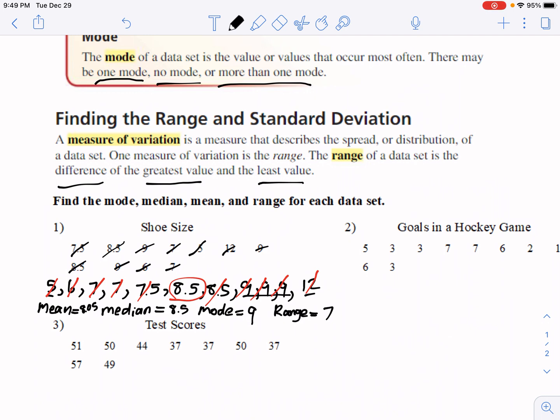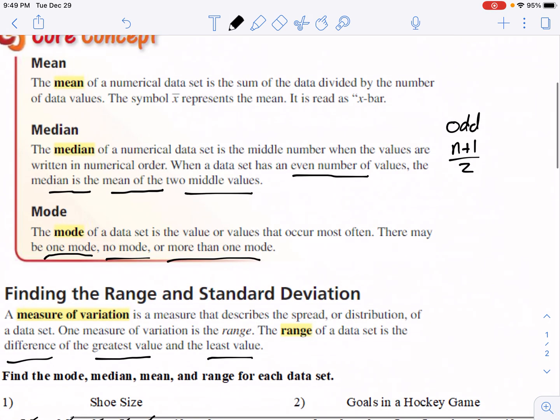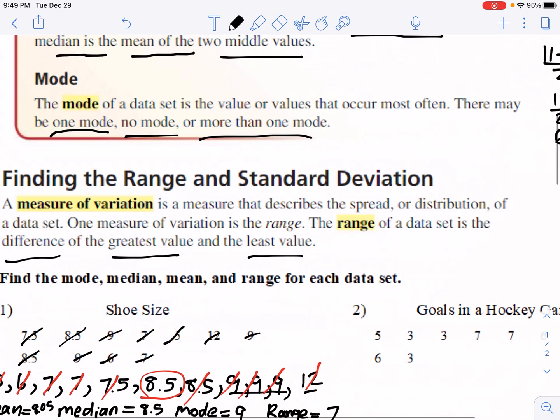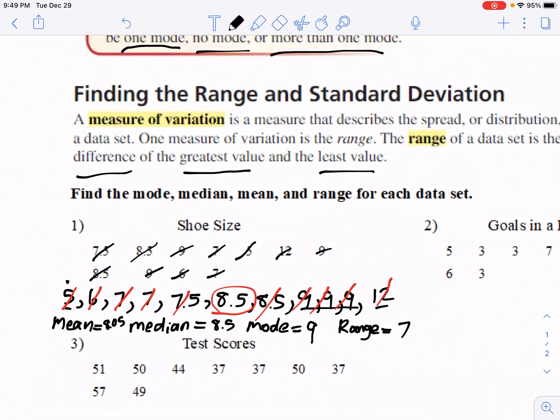Hopefully that'll make more sense when we do it here in a second. In our case, there were 11 numbers. So 11 plus 1 is 12, divided by 2 is 6. So if I count to the sixth number, 1, 2, 3, 4, 5, 6, that's the middle number.